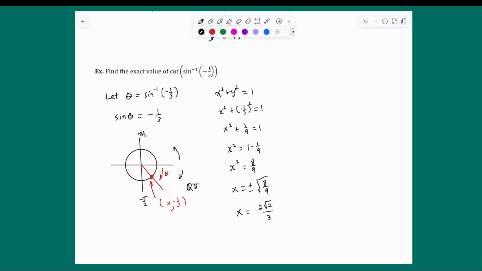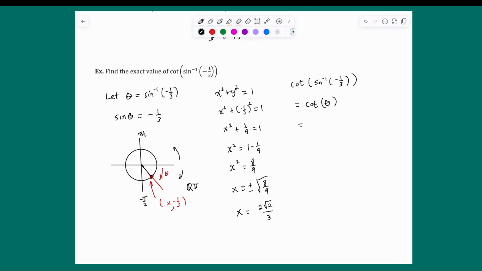Okay, so why does this help us here? Well, now we could figure out what cotangent of this angle is, because we have both coordinates on this point that corresponds to this angle theta that's on the unit circle. So cotangent of this angle theta, or cotangent of sine inverse of negative 1/3, is the same thing as saying cotangent of this angle, where this angle intersects the unit circle at the point 2 root 2 over 3 comma negative 1/3.